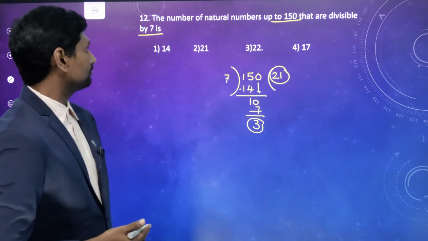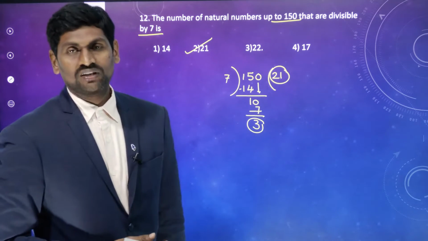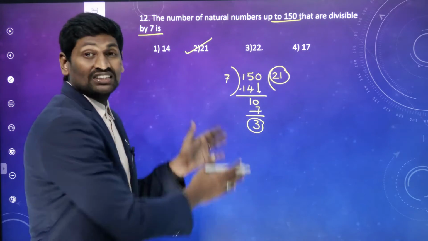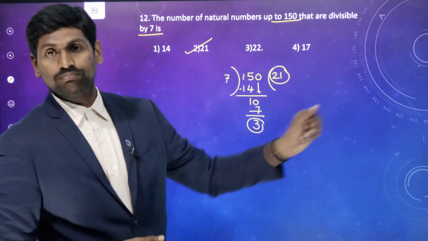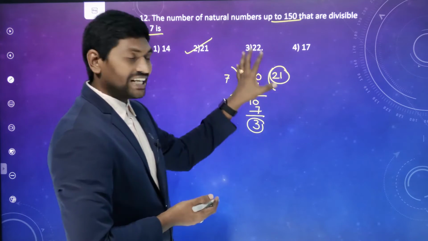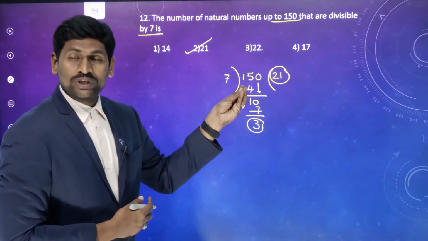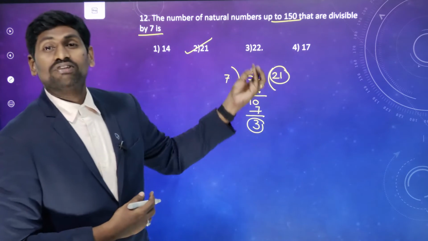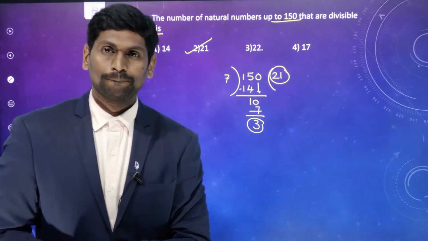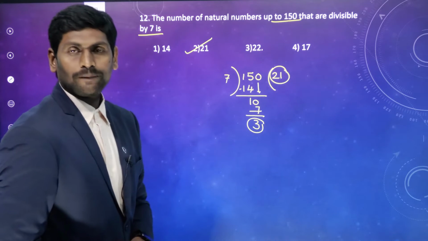So our answer is 21. Because your question is asked from the starting up to 150 numbers, that means from 1 to 150 there are 21 multiples of 7, which are nothing but 21 numbers divisible by 7. So simply we do the division with the 7 table.